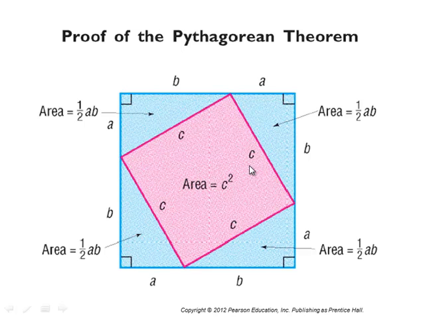Together with the area of the red square, C squared, you know that the entire area is C squared plus 2AB. But the area of the blue square is going to be, well, the length of each side is A plus B. So if you were to take A plus B squared and set that equal to the C squared plus 2AB, and do a little bit of algebraic manipulation and rearrangement, you would arrive at A squared plus B squared equals C squared.